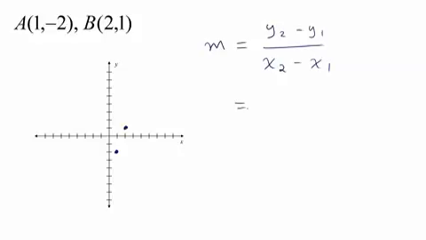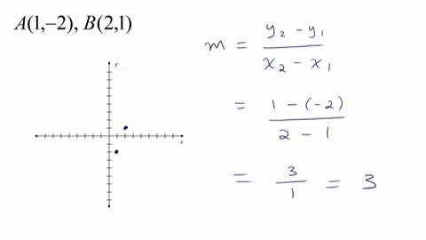Making those substitutions, we would have 1 minus negative 2 over 2 minus 1. This simplifies to positive 3 over positive 1, so this line would have a slope of positive 3. Now we'll go ahead and draw the line through the 2 points. And there is our line.